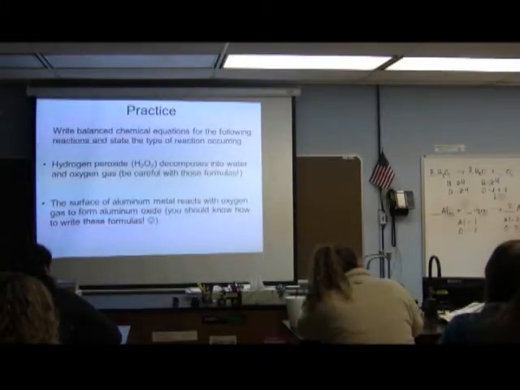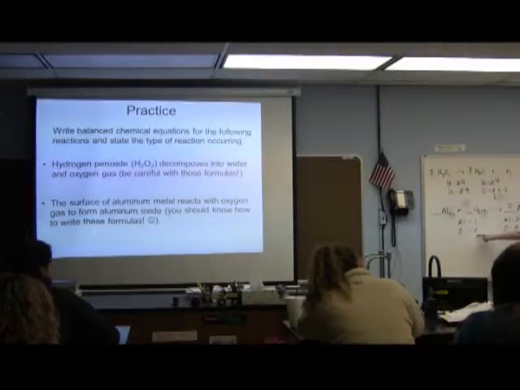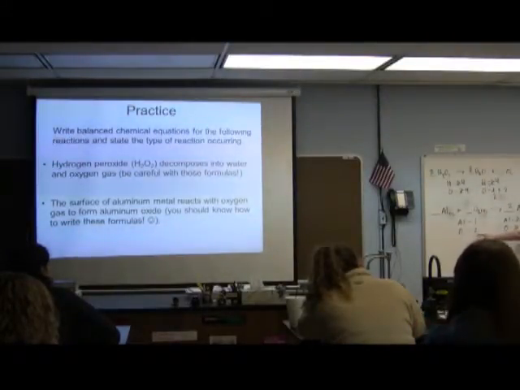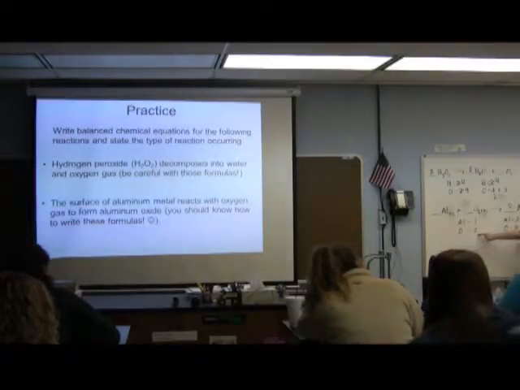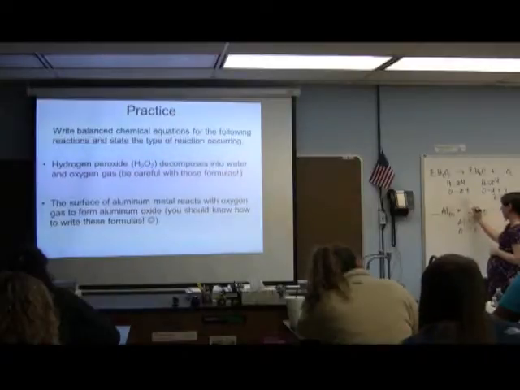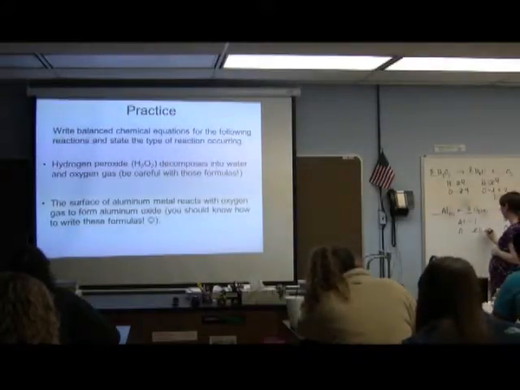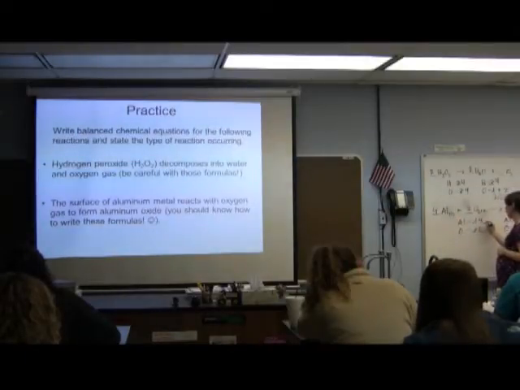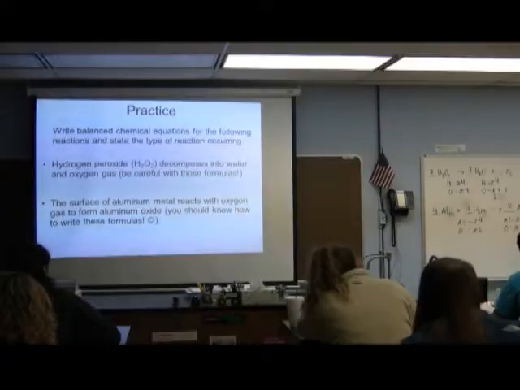So you're saying 2, 4, 6. I'll turn both of my oxygens into 6, right? Because I can't turn a 3 into a 2, and I can't turn 2 into a 3. So let's just turn both into 6. So then that means you had to put a what right here? 3. 6 here. And then the 4 to balance the aluminums. 4, 4, 6, 6. What kind of reaction is that one?